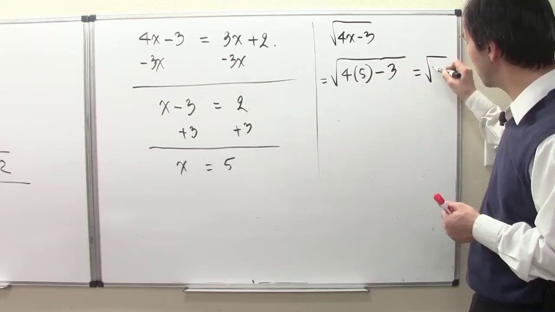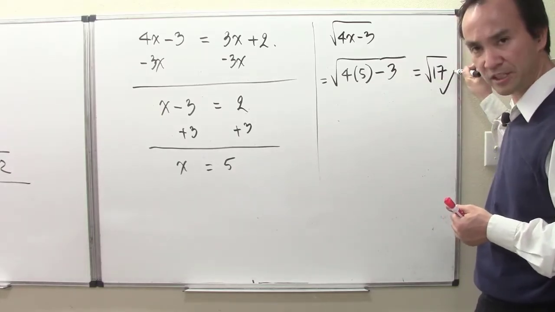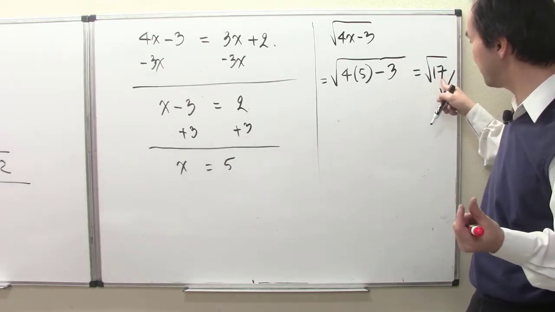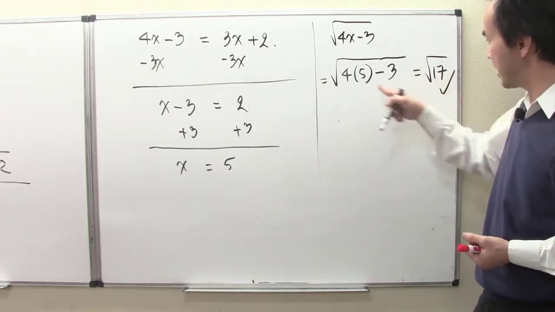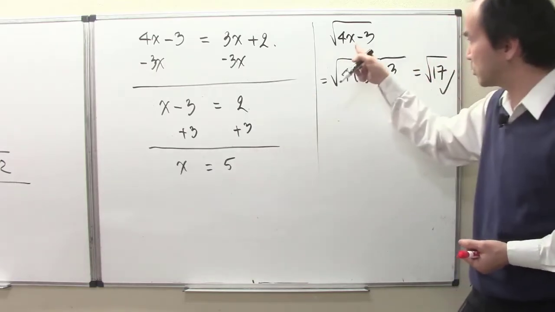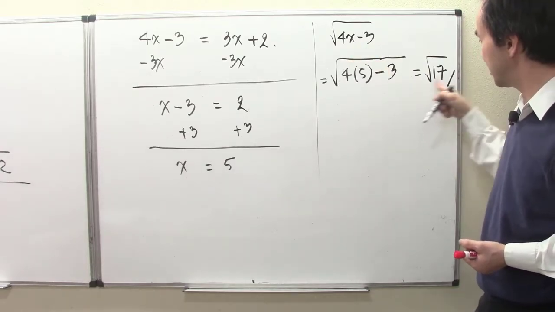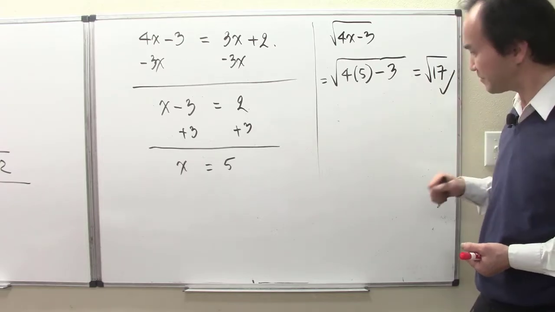So we have the square root of a positive 17, which is completely okay for a square root. Remember, the only critical requirement for a square root is that the number inside the square root must be a non-negative value. When x equals 5, the expression inside the square root came out being 17, making it the square root of a positive number, which is completely good.